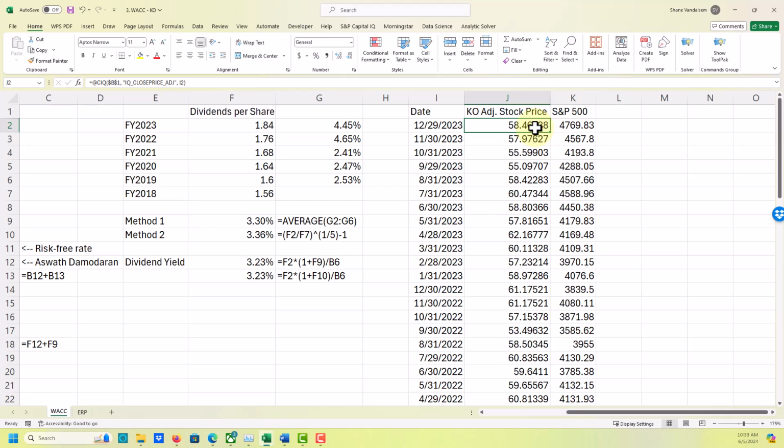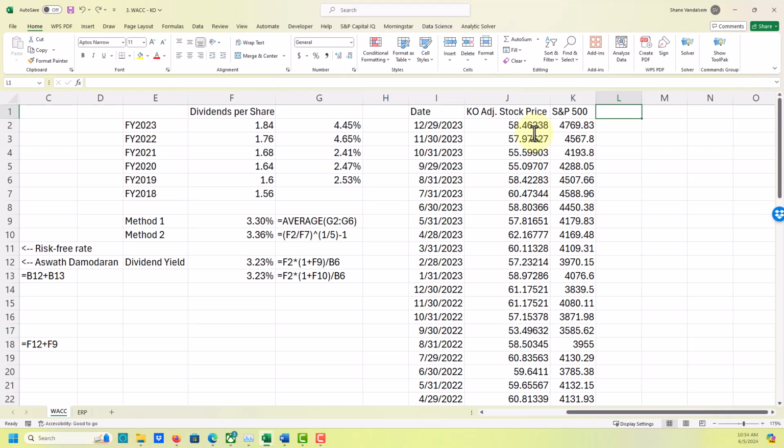And I use the last trading day of the month for each of these prices. And then we've got the S&P 500 index next to it. And we're going to calculate the returns for the S&P 500 index and the returns for Coca-Cola. And then we're going to use the regression function in Excel to calculate that beta.